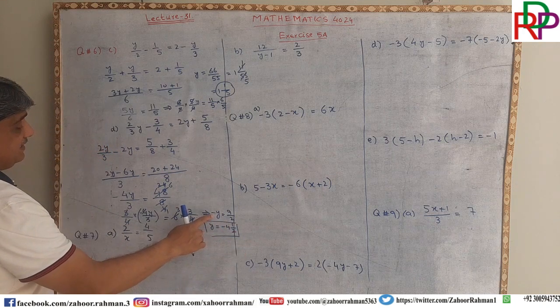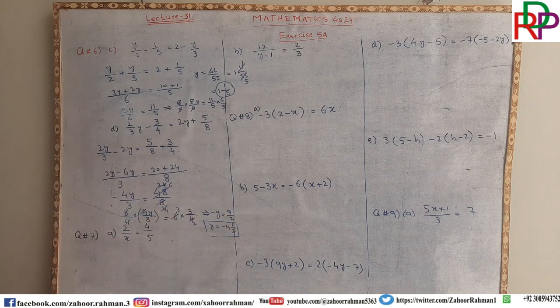I shifted directly this minus to the other side. So that will be 4 whole 1 over 2. Now in this case, question number 7, they are testing you on other scenarios.